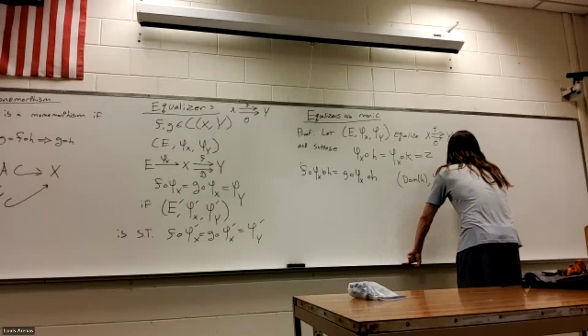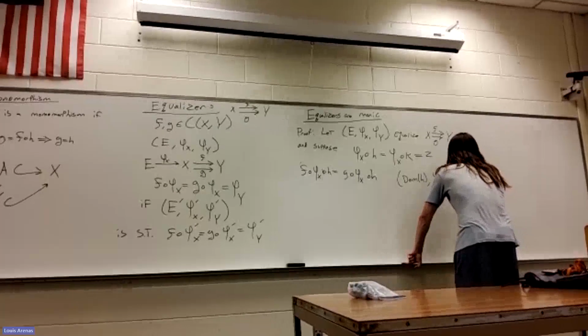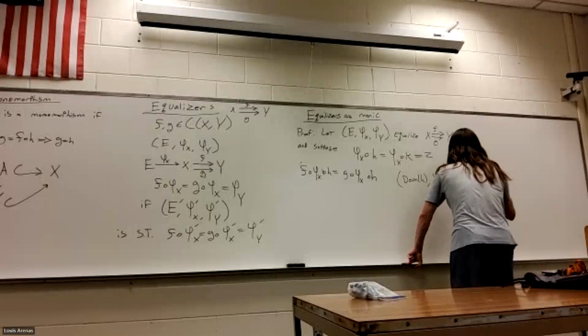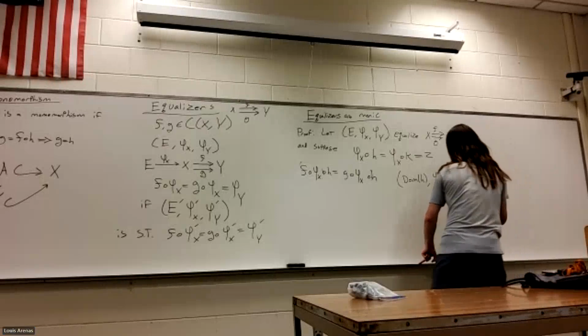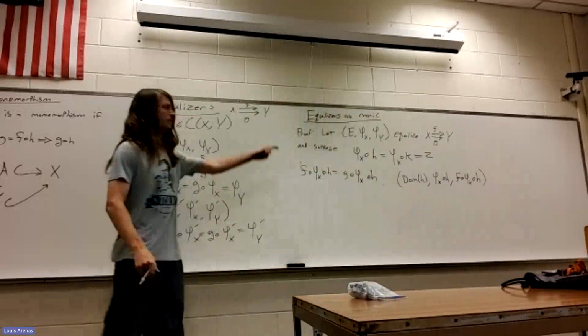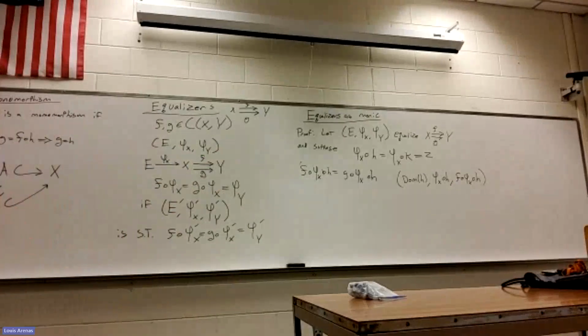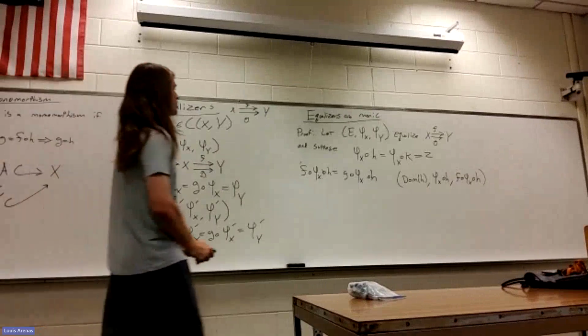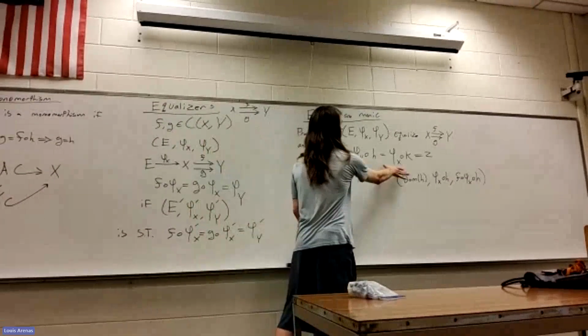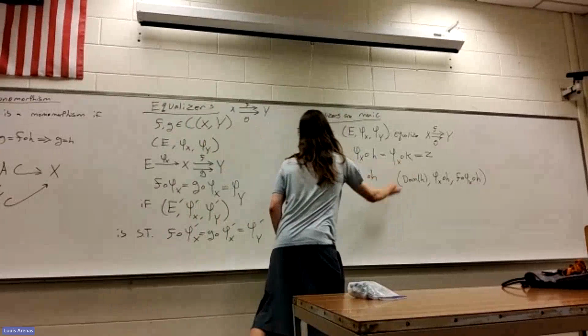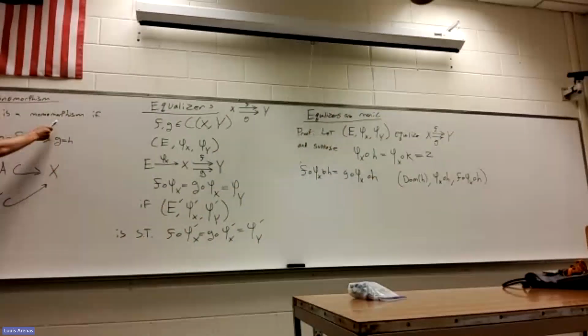Sorry, I zoned out. Where did H and K come from? They are some morphisms H and K such that this is working out, because I'm trying to show that it's a monomorphism.